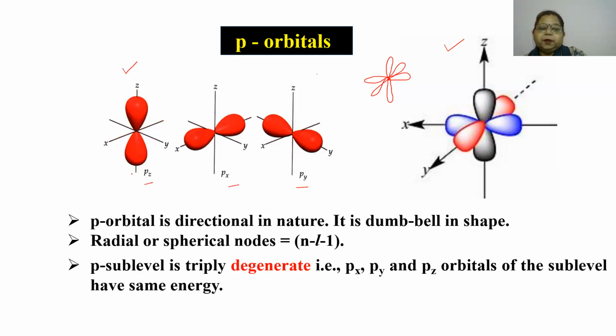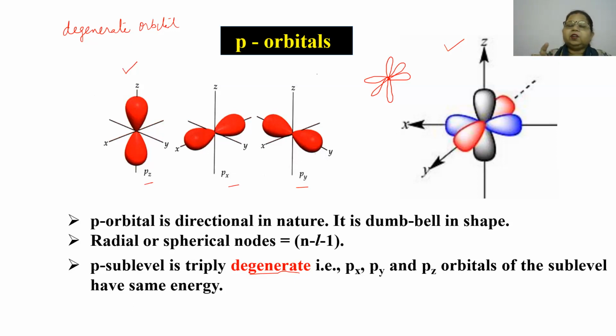Now, coming to the degeneracy concept, or degenerate orbitals. Again, it's a good 1 mark question. What is a degenerate orbital? All three orbitals, px, py, pz, are like 3 identical twins. They will have identical properties. Or a bit easier example: you go to buy the NCERT class 11th book, and 3 different students will get the same book.